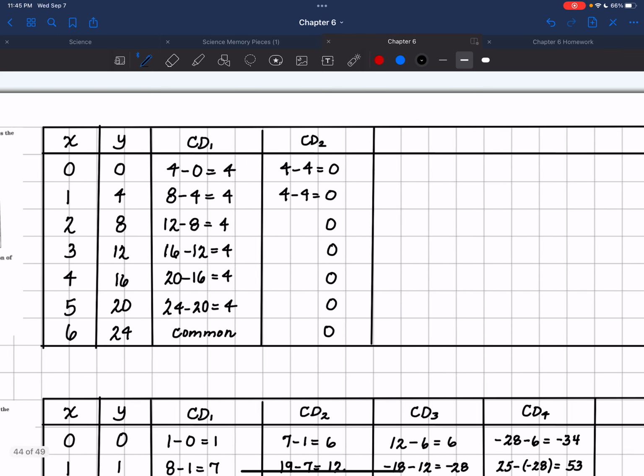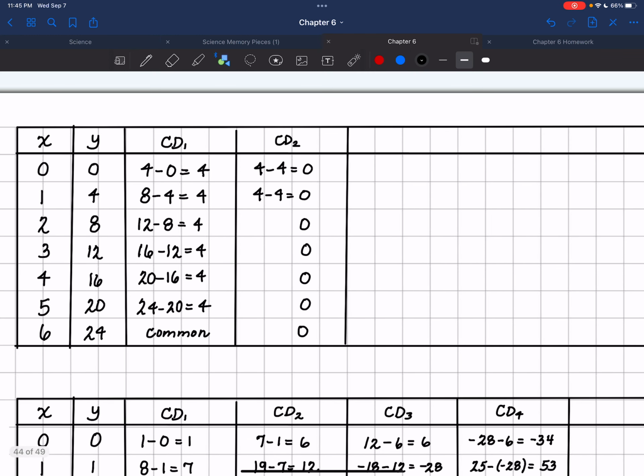And that's second degree. If we go to third degree, we're going to get 0 minus 0, which is 0. And that's going to be true all the way down. So here's what I want to show you. After you reach commonality, everything else will be zeros. So if it's common at the first degree, it will be common for everything thereafter.